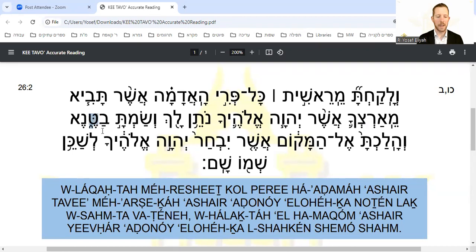Tet is a type of T sound. In modern Hebrew, it is pronounced the same as the Tav. But in classical biblical Hebrew, the tet is clearly distinct from the sound of a tav.